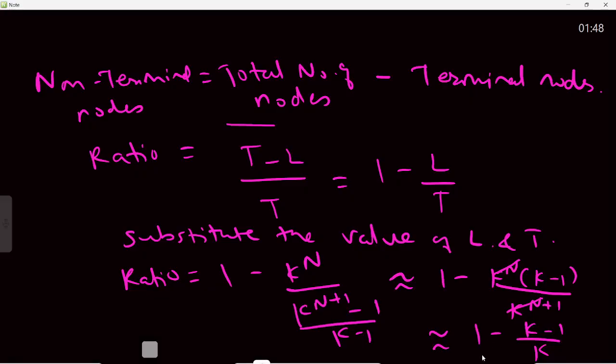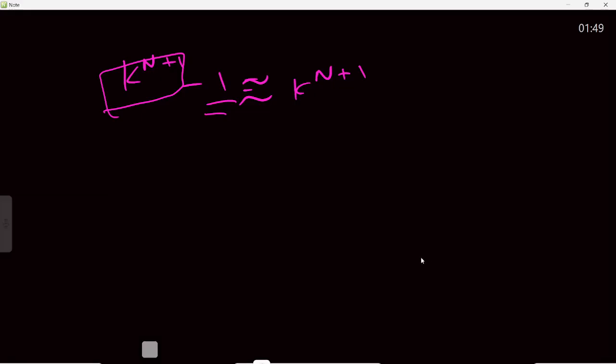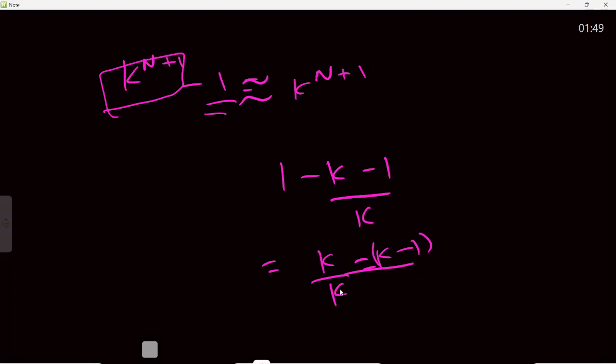Now, we will be solving it here. What is the answer? 1 minus k minus 1 upon k, right? Taking k as common, k upon k minus k minus 1, and the bracket will be there.